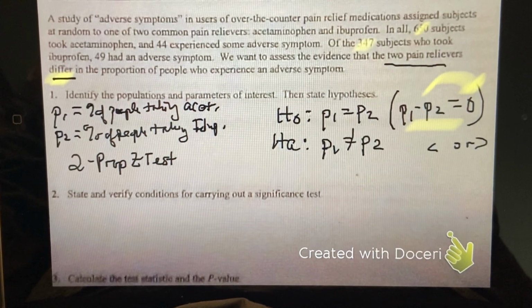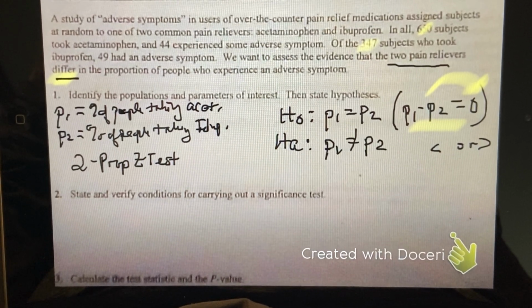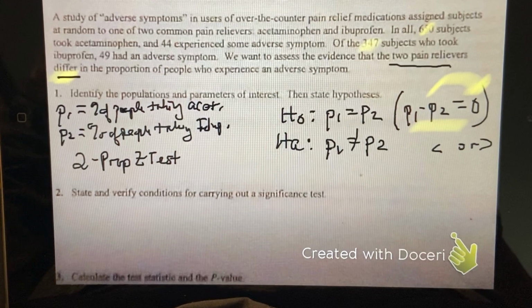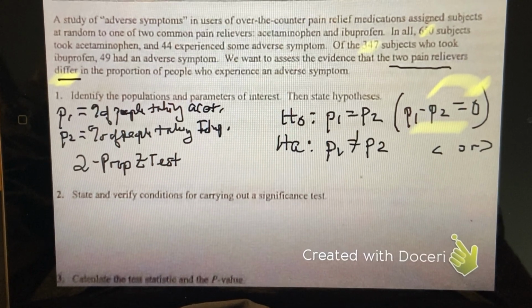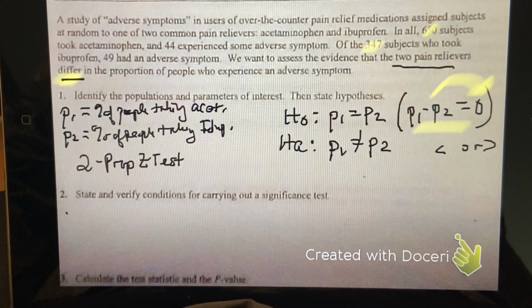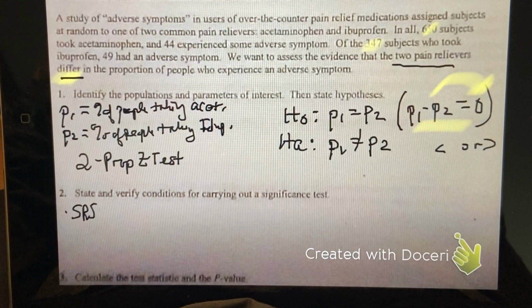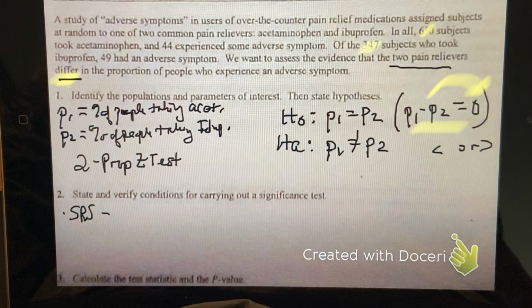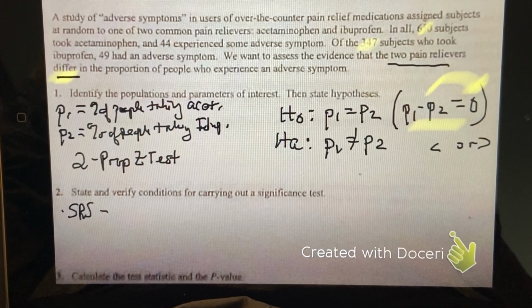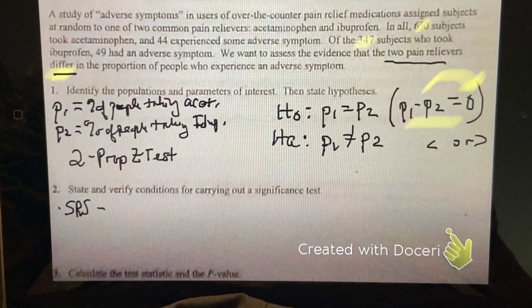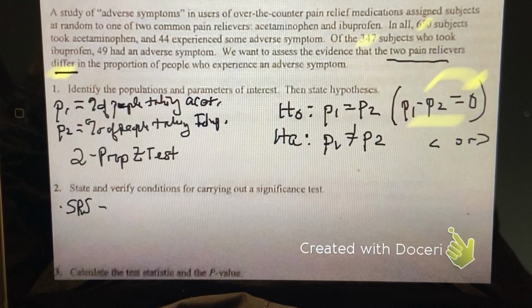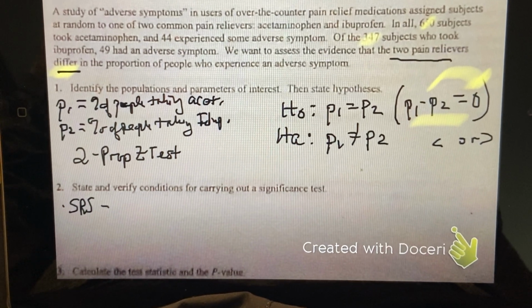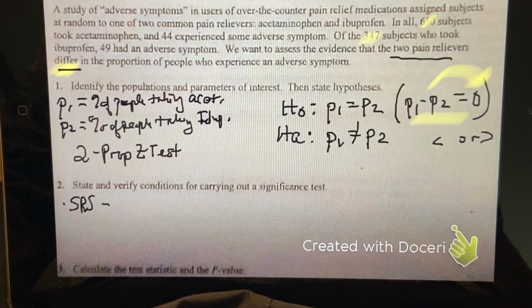And then we need to get into the conditions. Well, again, our conditions change only slightly, okay? So, simple random sample. I've got to go up here in the stem of the question, in the prompt, and see if they ever said simple random sample. Well, they said they were randomly assigned, but they didn't take a simple random sample.